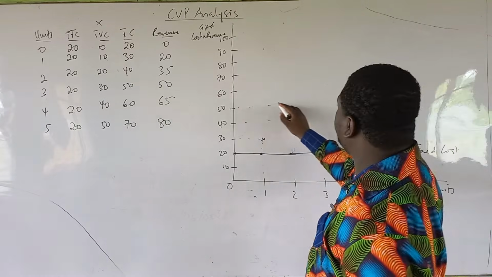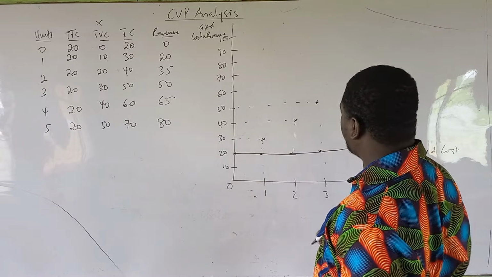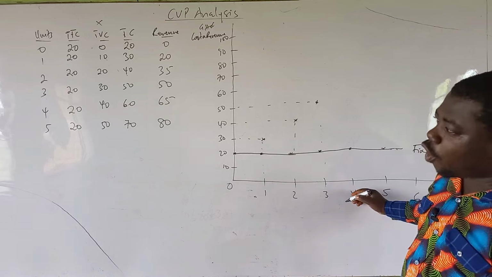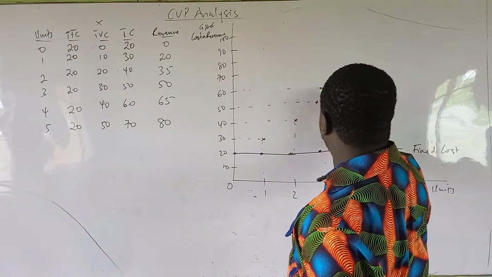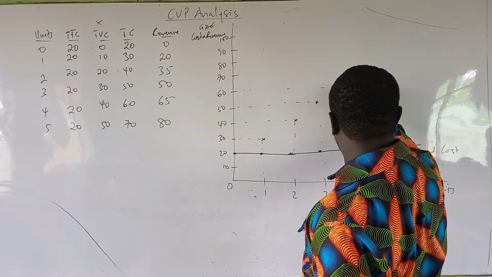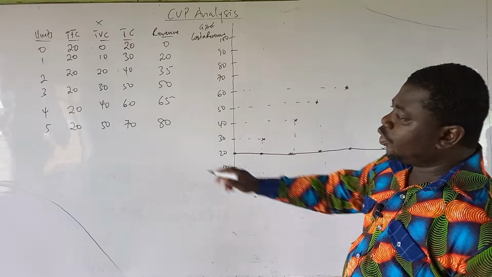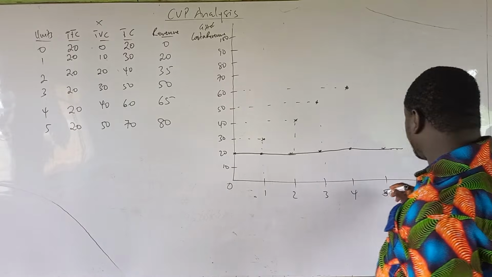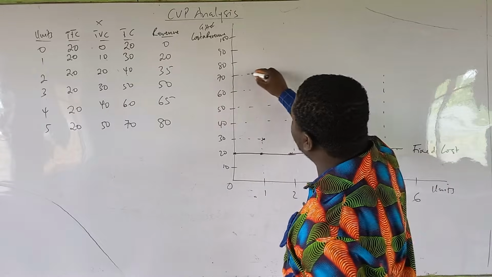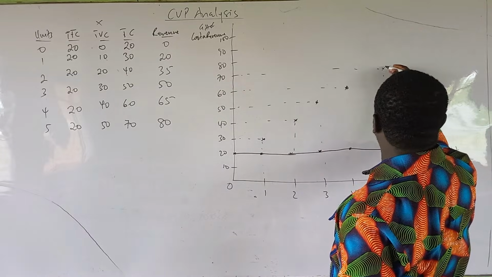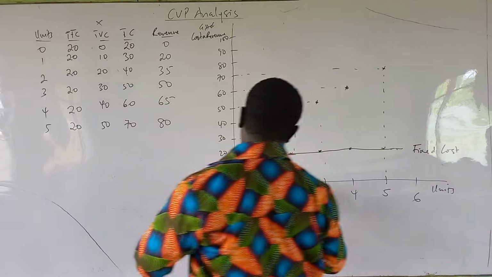So we can still trace. And then 4 units against 60 total cost. So we can trace 4 units up there like that. And then 5 units against 70 for the total cost. So 5, 70 can be traced. So these are the points we have plotted. So we are going to join them.